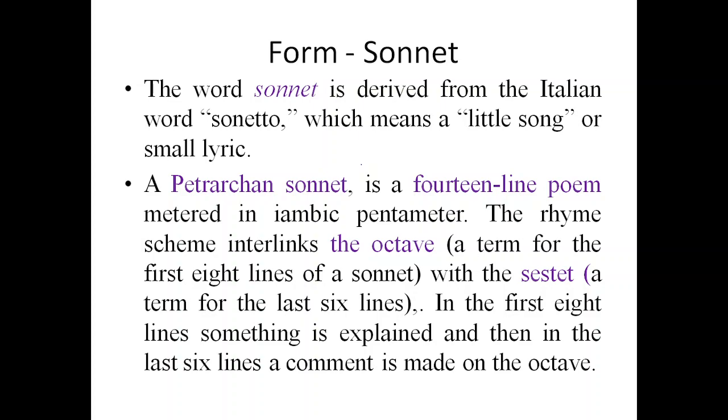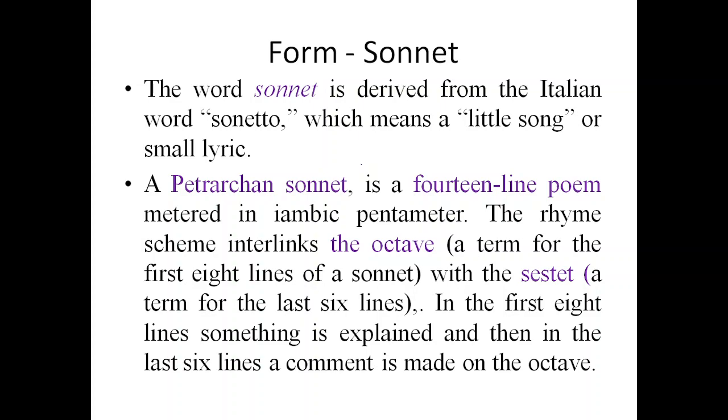That is called an octave, जो 8 लाइन का स्टेंजा पहला था. और जो लास्ट वाला स्टेंजा 6 लाइन्स का था, that is called a sestet. सो ये दो पार्ट होते हैं सोनेट के. हमारे इस सोनेट के भी दो पार्ट्स हैं. First 8 lines octave and last 6 lines sestet.